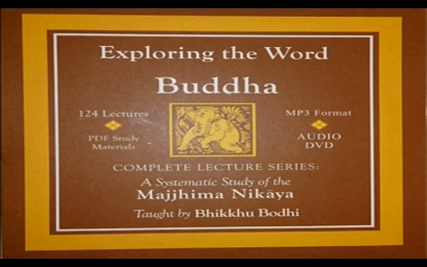And so that preliminary path is also a path. Of course, it leads on to the cessation of suffering. But that preliminary path does not itself eradicate the defilements. The eradication takes place through the breakthrough experience of the supermundane path.